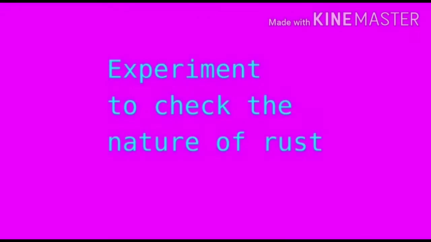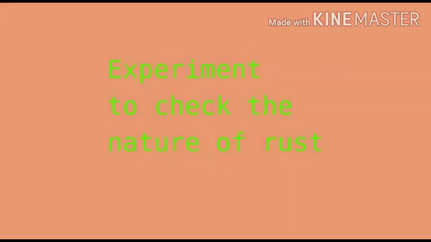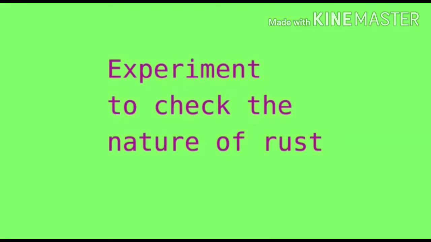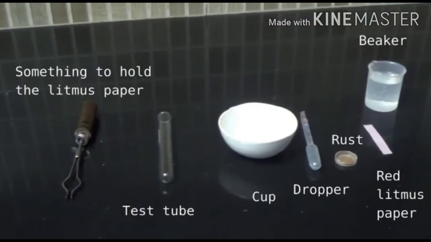Let's perform an experiment to check the nature of the rust. The materials required are litmus paper, a beaker filled with water, rust, a dropper, a cup, a test tube and a test tube holder.